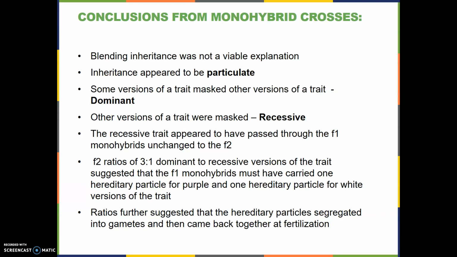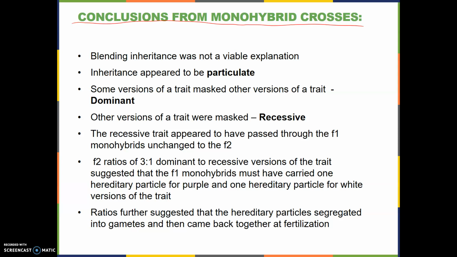So what's going on? What are the conclusions that we can draw from these monohybrid crosses? A monohybrid cross is when we're doing a cross for one trait and the parents are hybrids.